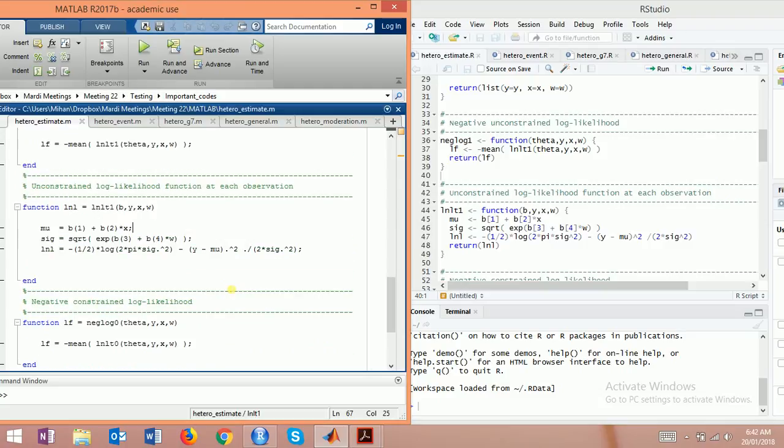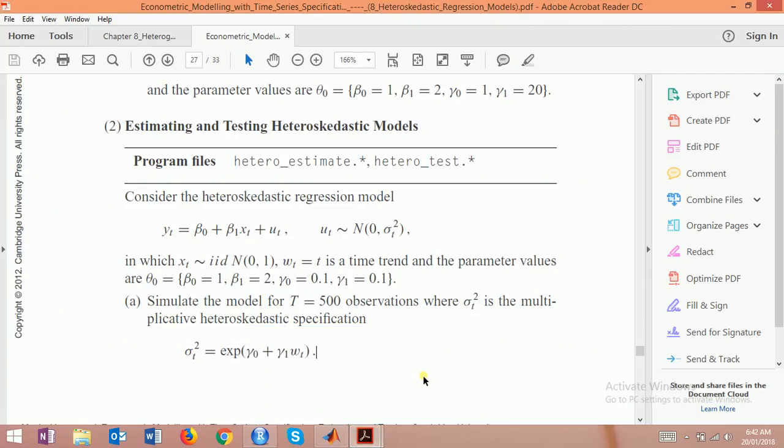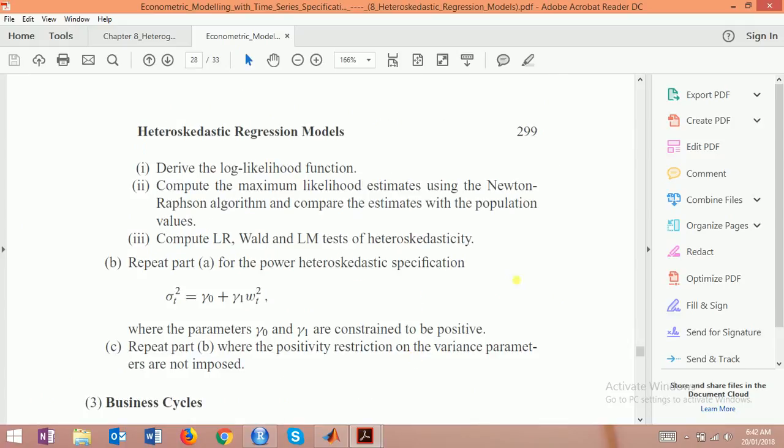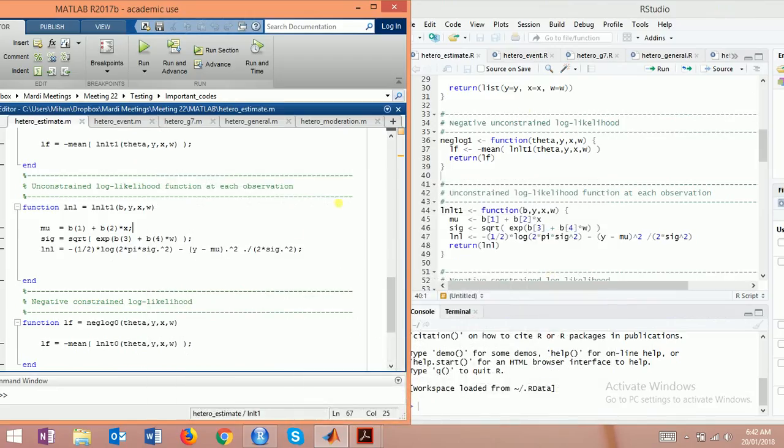Now we are going to estimate beta. First, mu is beta 1 plus beta 2 x, which is basically gamma naught plus gamma 1 x, or omega in this place.